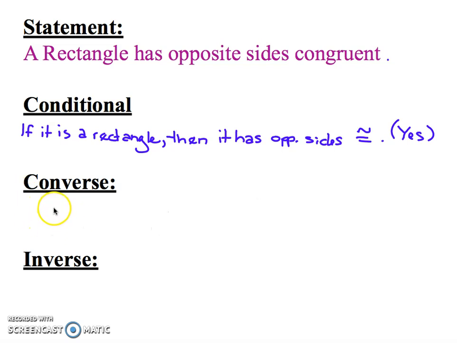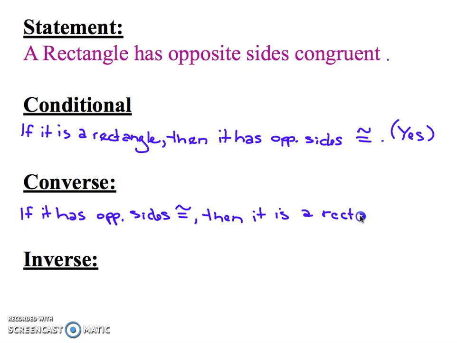We would say, if it has opposite sides congruent, then it is a rectangle. So go ahead and write that.